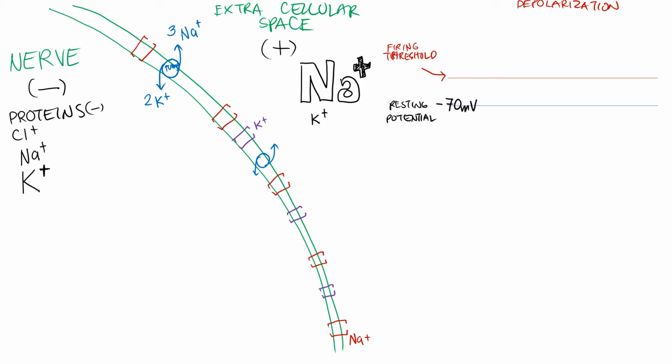This firing threshold is when you reach that all or none. Once you reach this, it will fire. Your nerve membrane will become excited. If not, then it will just get tickled.